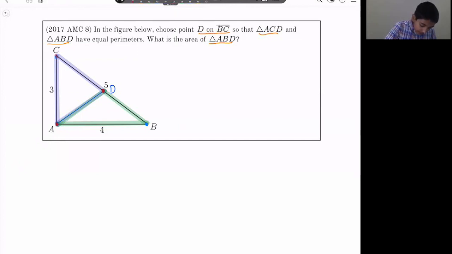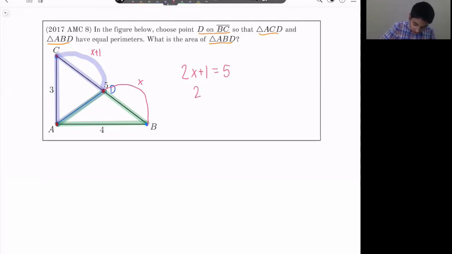So that means CD, let me mark it, has to be 1 longer than BD. So we can write this as x plus 1 and x. So now we have that 2x plus 1 equals 5, right? Because it's x plus 1 plus x.